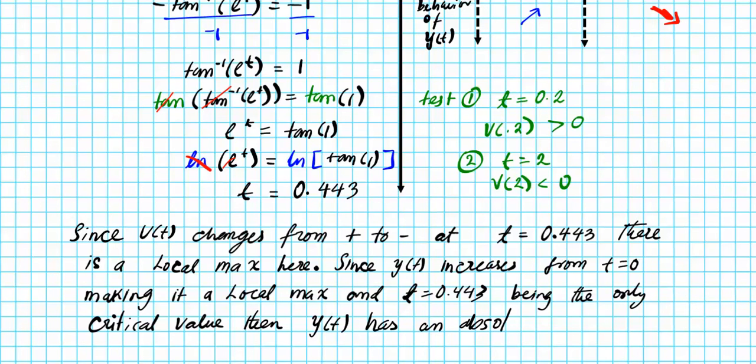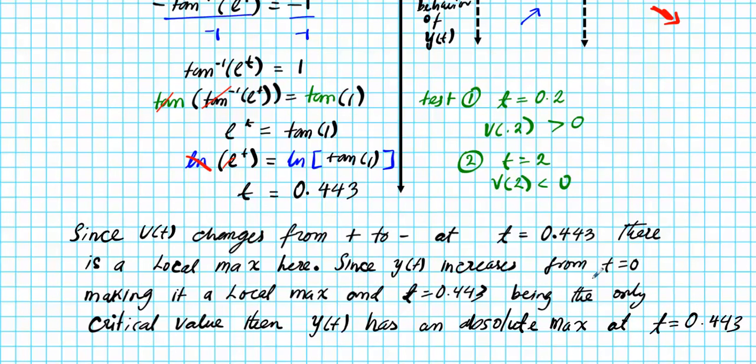It's no longer a local, it has an absolute maximum at t equals 0.443. Okay, we don't have any other values of t challenging this critical value right here.